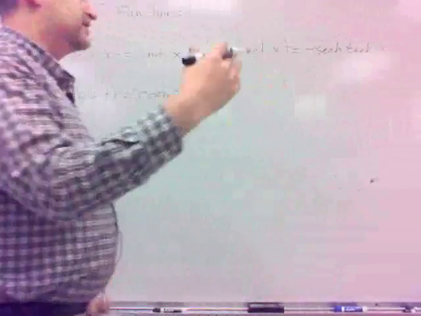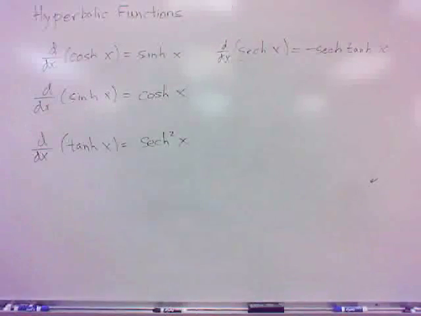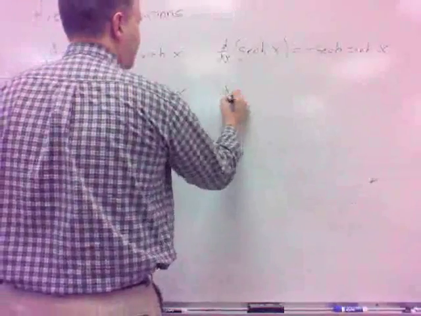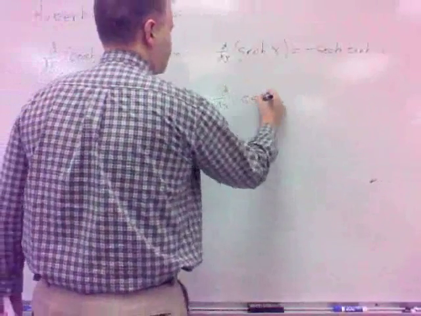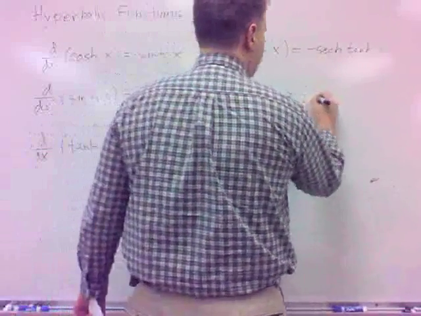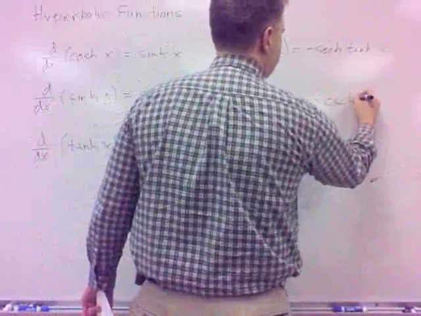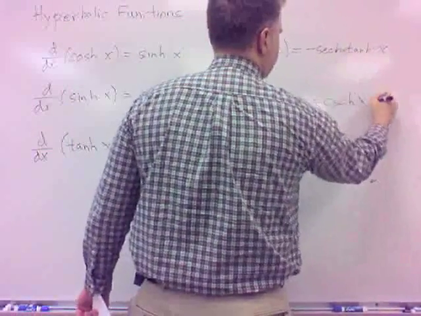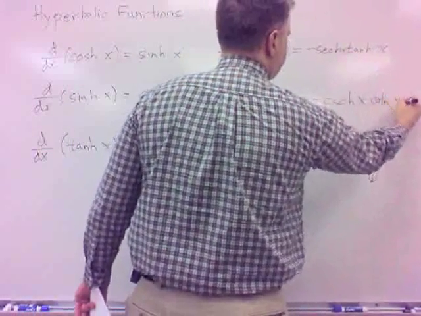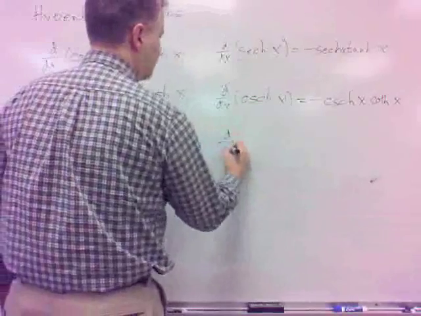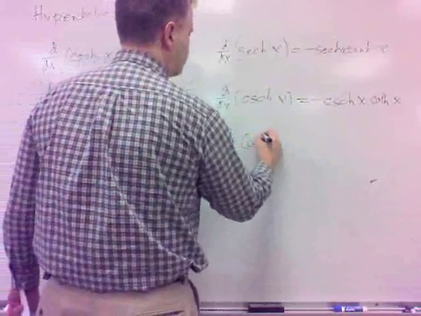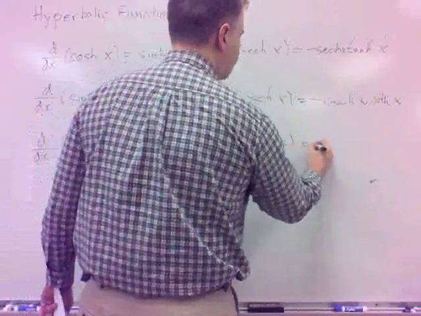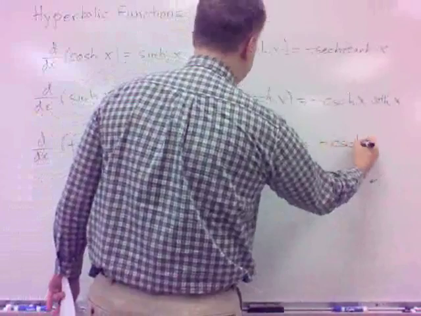So that's a lot like secant. Secant is secant tangent, the only thing is it's a minus secant tangent. The d dx of cosec is minus cosec. Oops, I forgot the x. Cotangent. And the d dx of cotangent is minus cosec squared.